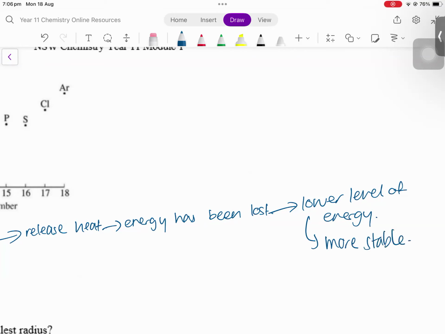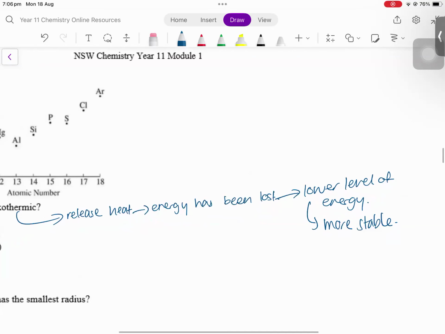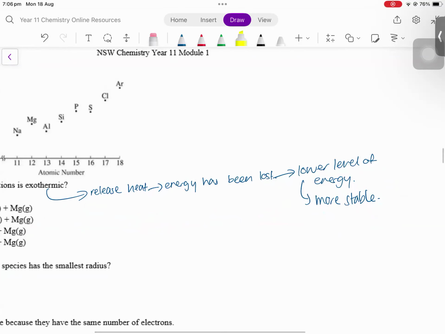So the actual idea of the electron, I'm not concerned with. It's not relevant here. But the way we talk about energy applies here as well. What I want you to keep in mind is this: an exothermic reaction releases heat. Your system now has less energy than it did before. It's more stable. What does that have to do with these 4 types of reactions, though?